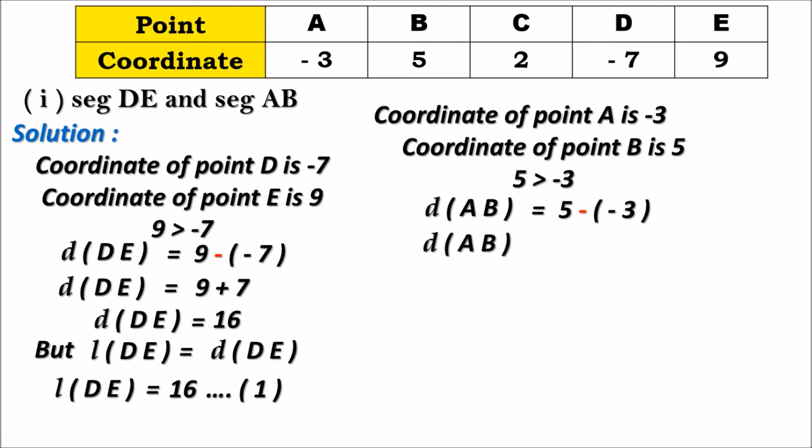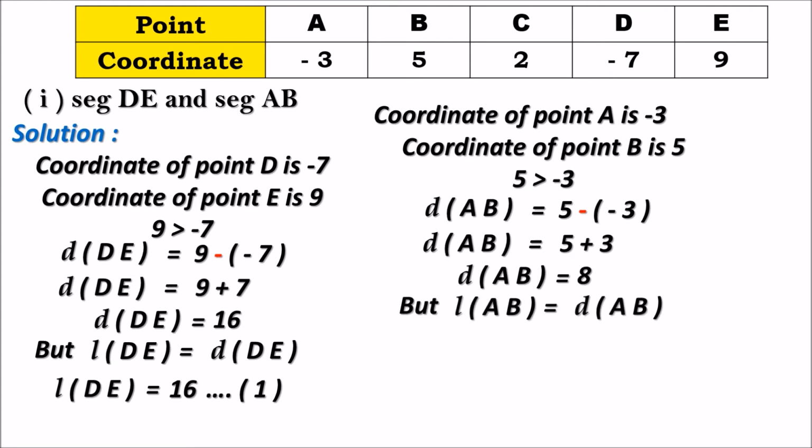So distance AB equals, minus into minus is plus, so 5 plus 3. Distance AB equals 8. But distance AB equals the length of segment AB according to the definition. Therefore length AB equals 8. Now we will take this as equation 2.